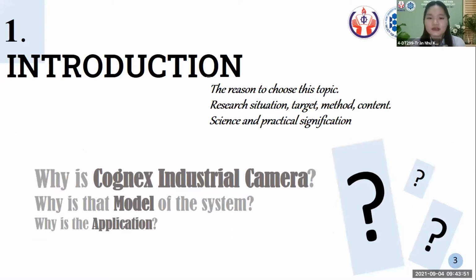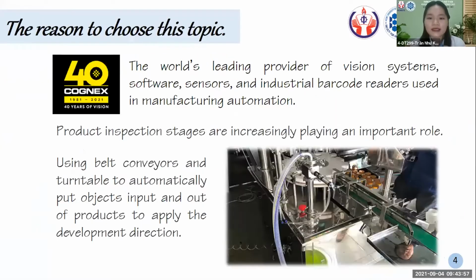For the introduction, I state my purpose, my reason for doing this topic, and what I prepared for the main part of my project. My major is mechatronics engineering, so I decided to do a project including automation components that fit the knowledge I have learned during past times.